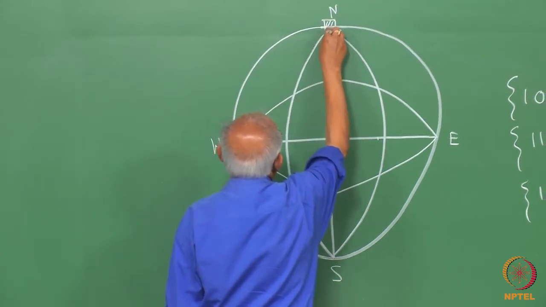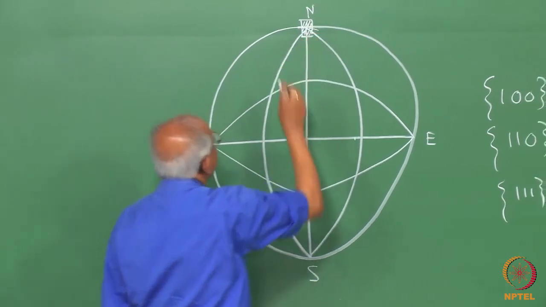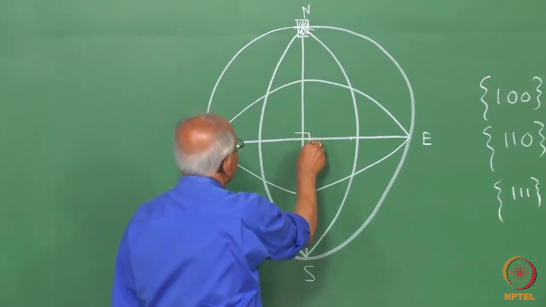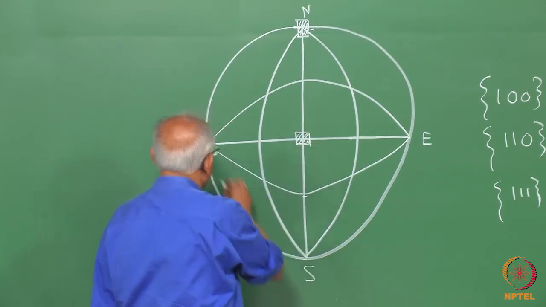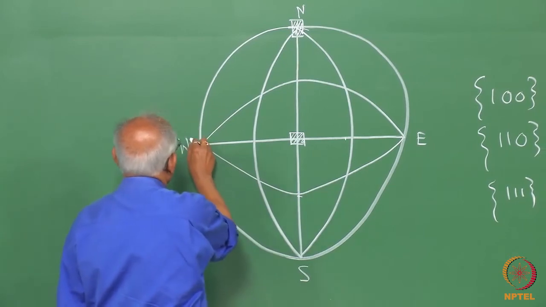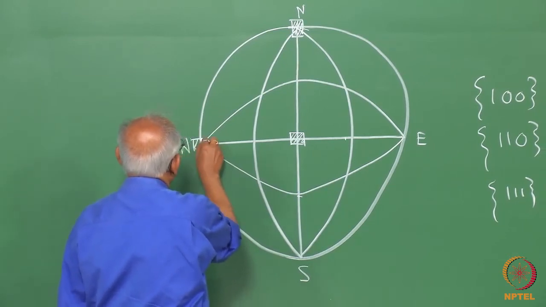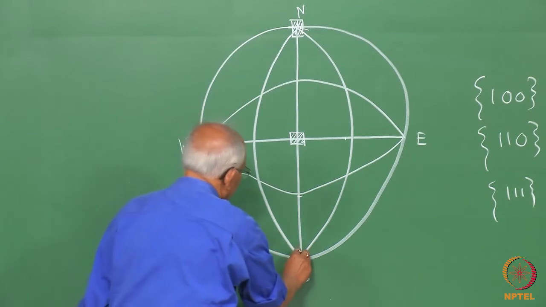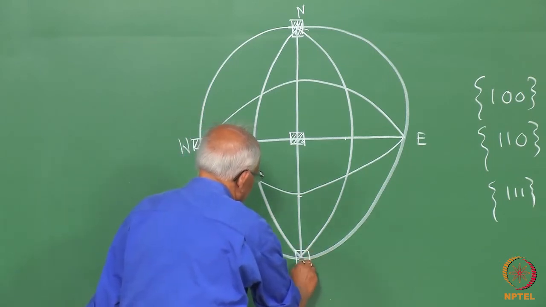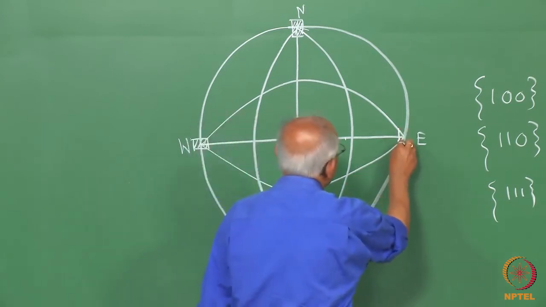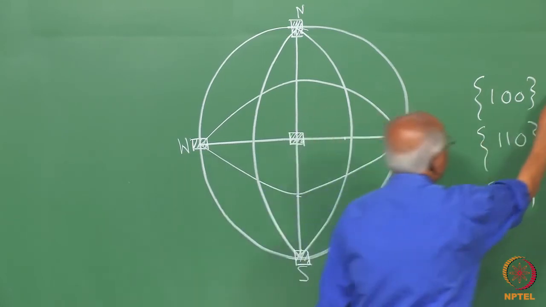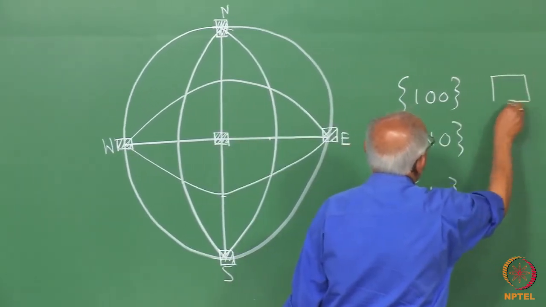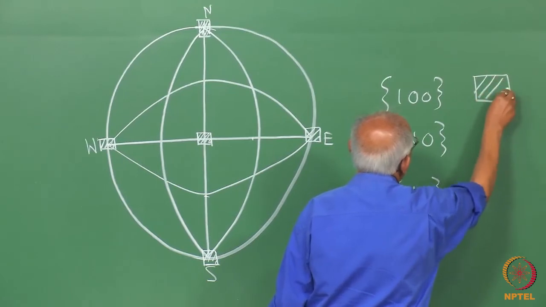So, this is the location of a 1 0 0 type of pole, this is the location of another 1 0 0 type of pole, another, another, another. So, these are the positions of the 1 0 0 type of poles.